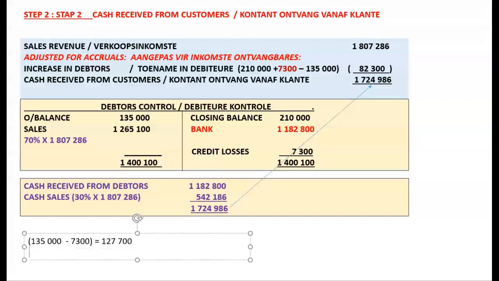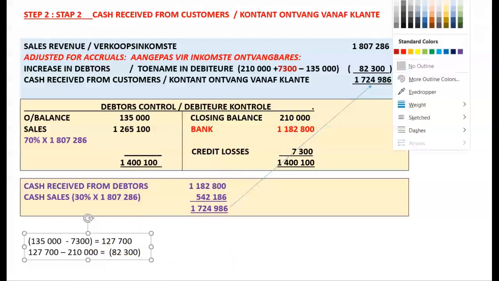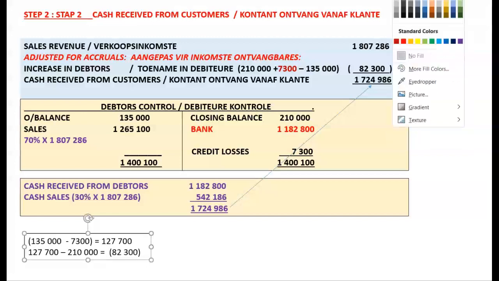How much is still outstanding of this year's sales figure? I had credit sales of 1,265,100, but 210,000 Rand of that has not yet been received. This 210,000. So that will then tell us that there was a movement of 82,300. Great stuff. Now that 82,300 is exactly the 82,300 that you actually see there on top.